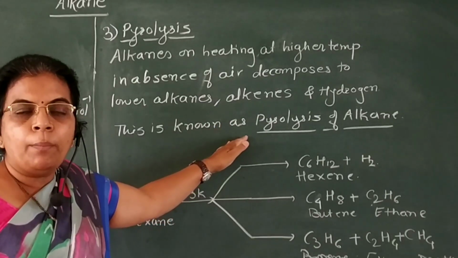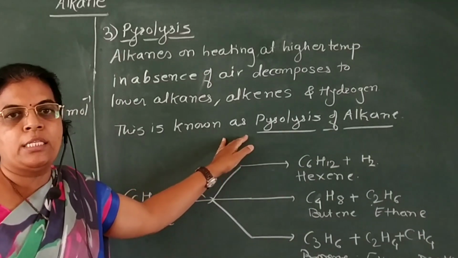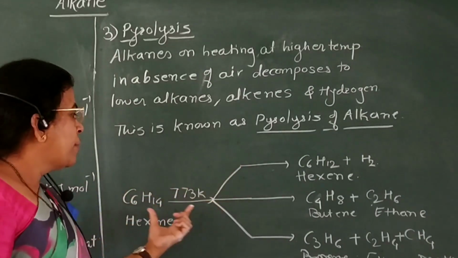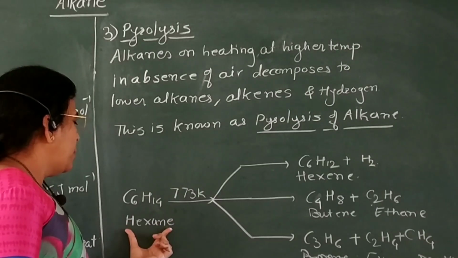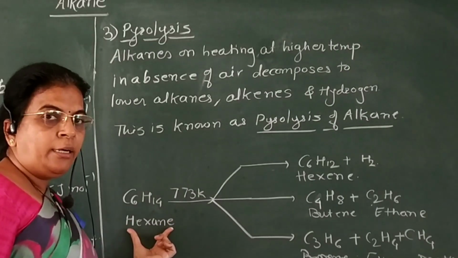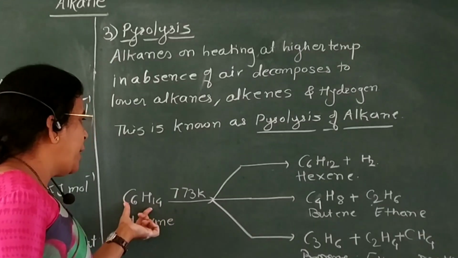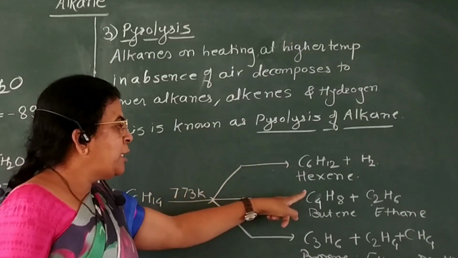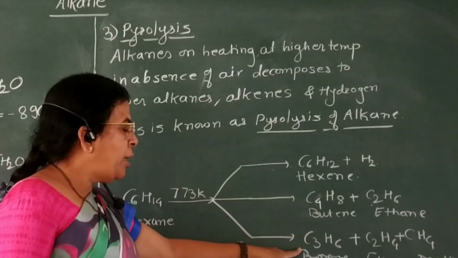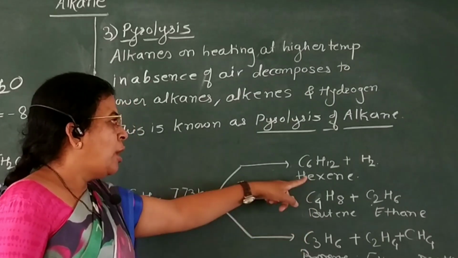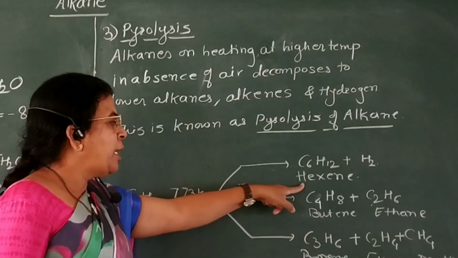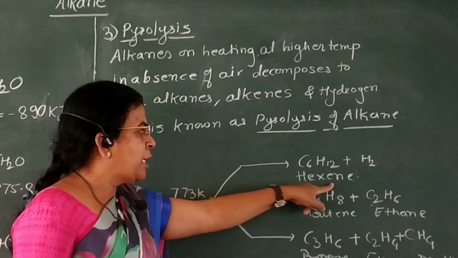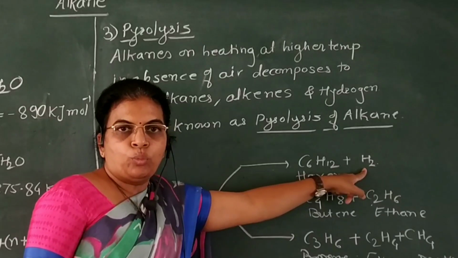That is, when this alkane undergoes pyrolysis, or when it is heated in absence of air, it undergoes decomposition to give lower alkanes. Lower alkanes means the substrate or reactant alkane has 6 carbon atoms, but here the alkanes or alkenes formed during the reaction are lower, that is, they have less number of carbon atoms. Now in case of this, here formation of hexene takes place with removal of one H2 molecule.